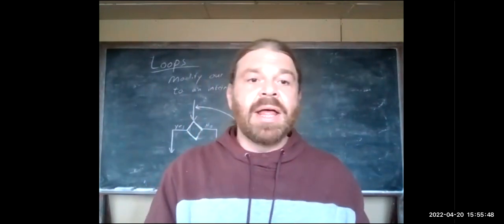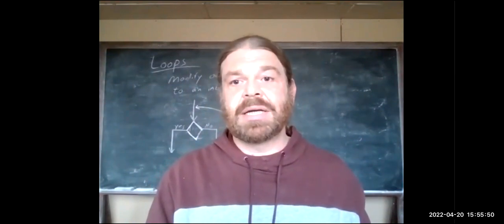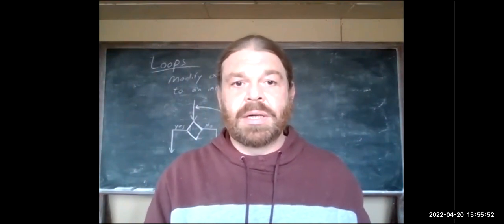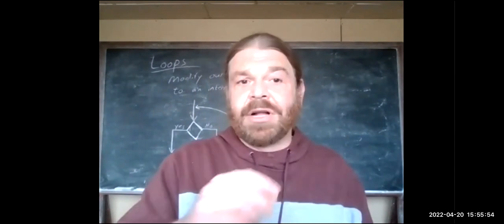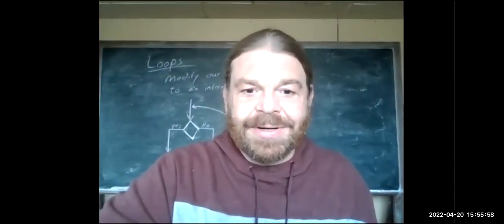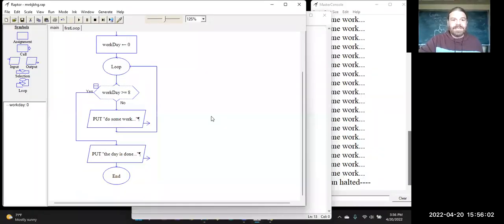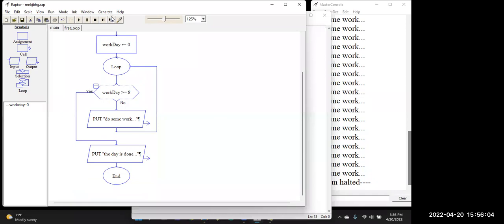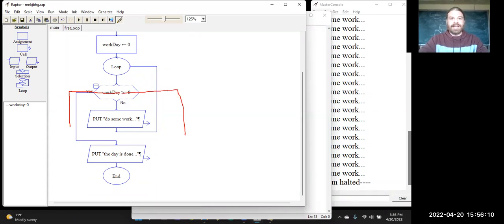In the chat room it says, is while similar to else? They're very different. Let's look at a flow chart for this, just for like 5 minutes. Our selection structures look like that, with the diamonds.